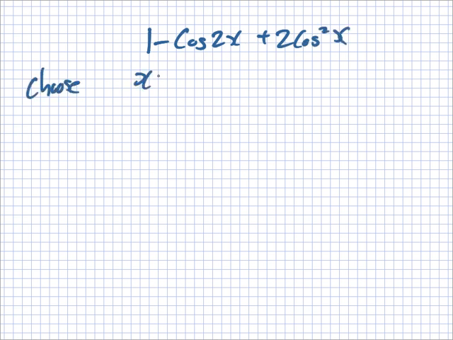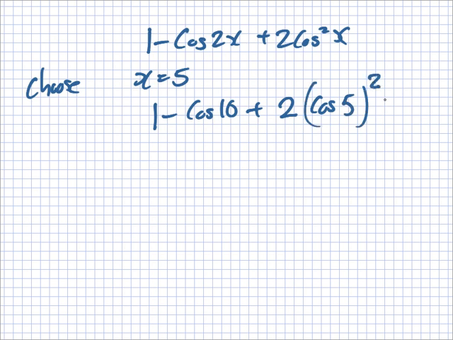So, simplify 1 minus cos 2x plus 2 cos squared x. So let's choose x equals 5. So let's get 1 minus cos 10 plus 2 cos 5 squared.